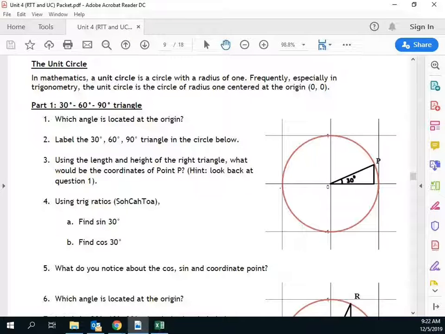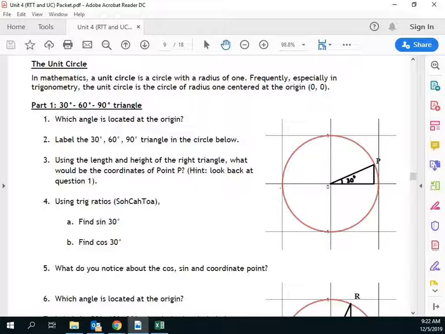Well, no, this will be the angle. But what's the length of the side? If the 30, go back over to our triangle we just did on number 1. What did I say the length of the side opposite of 30 is? We made it equal to a value. 1/2. Is it 1/2? Is the side opposite of 30 1/2? Opposite of 30 is 1/2.